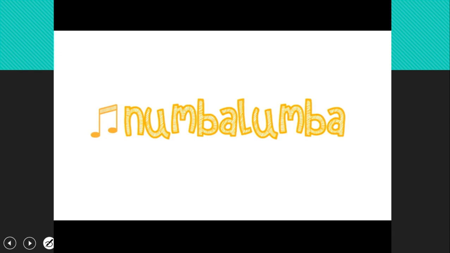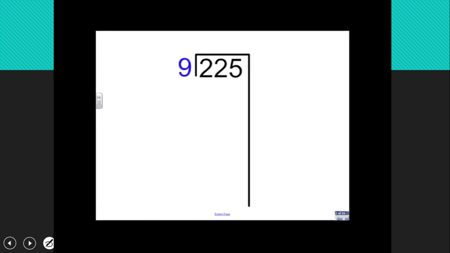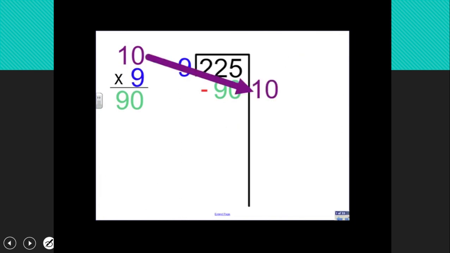To find how many nines go into 225, start with 10 groups of 9, then draw a subtraction sign, and write the 90 that you multiplied. Keep track of the nines by writing 10 on the side. Then subtract 90 and get 135.